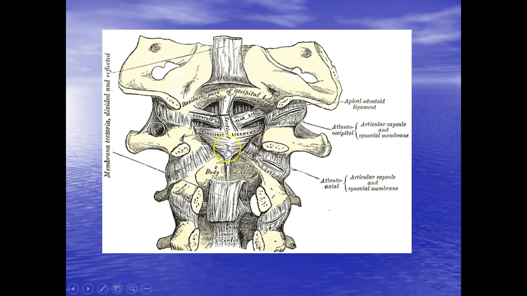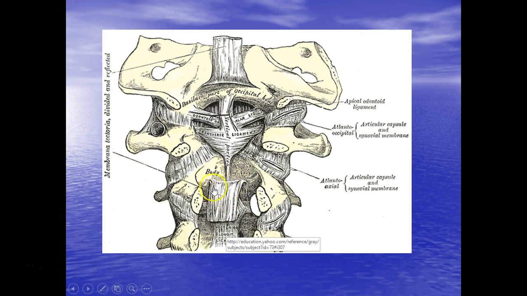In this view, this is a posterior perspective. The posterior arch of atlas and the laminae of the vertebrae have been cut away at the pedicles of C2 and C3 down here to expose the posterior longitudinal ligament attaching to the posterior vertebral bodies.